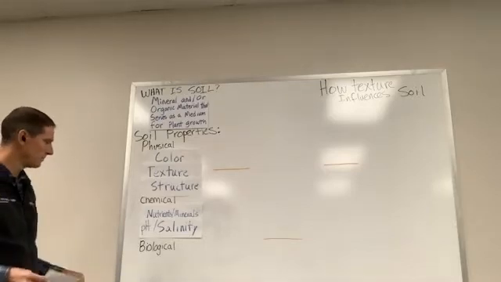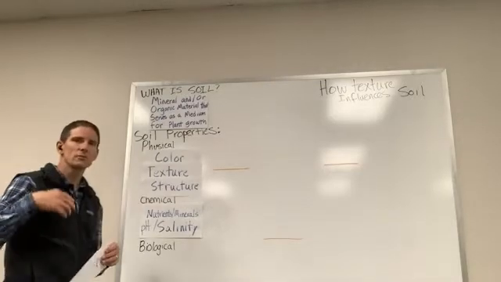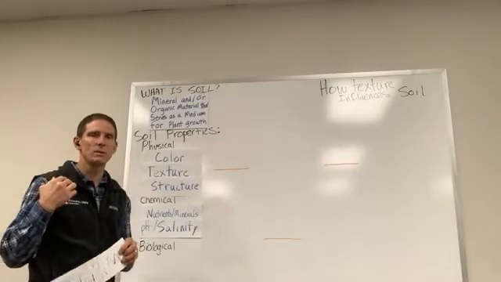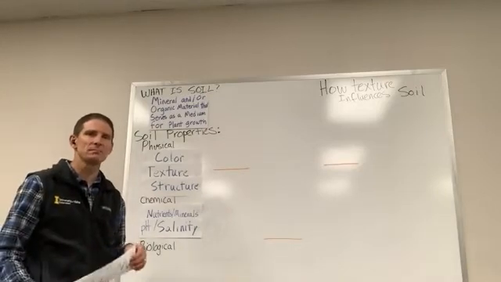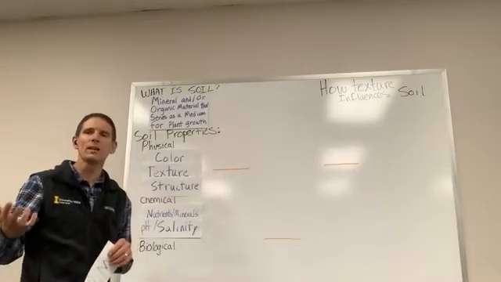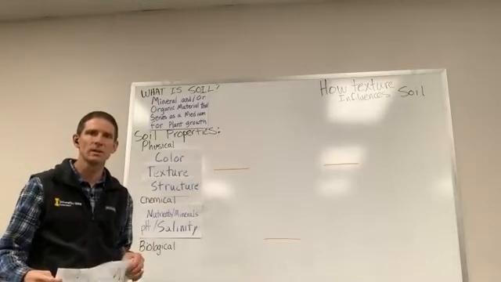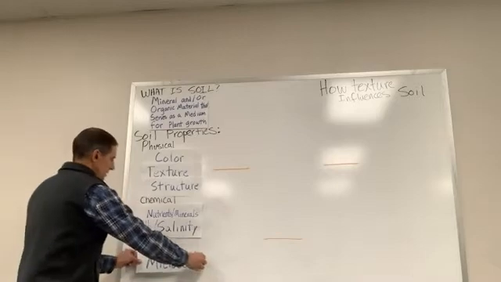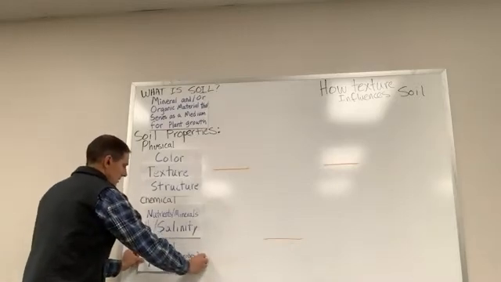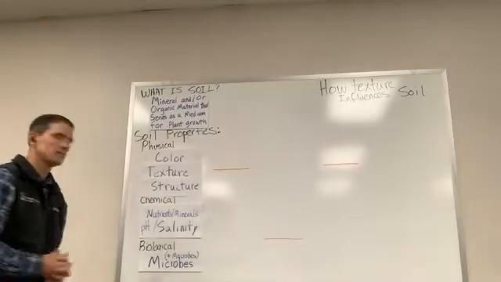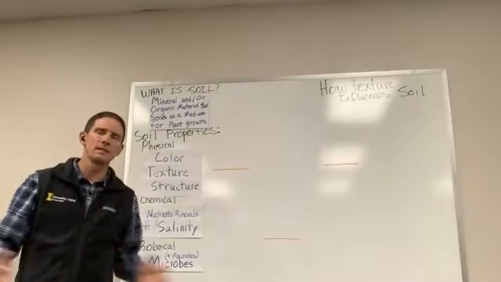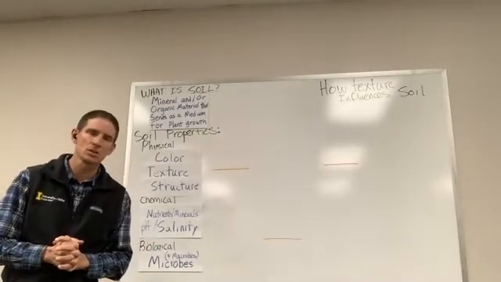Biologically, this is a whole interesting section of soil that we've known exists, but hasn't been talked about or really well understood, how impactful that biological community of the soil is. There's a whole host of organisms in the soil.